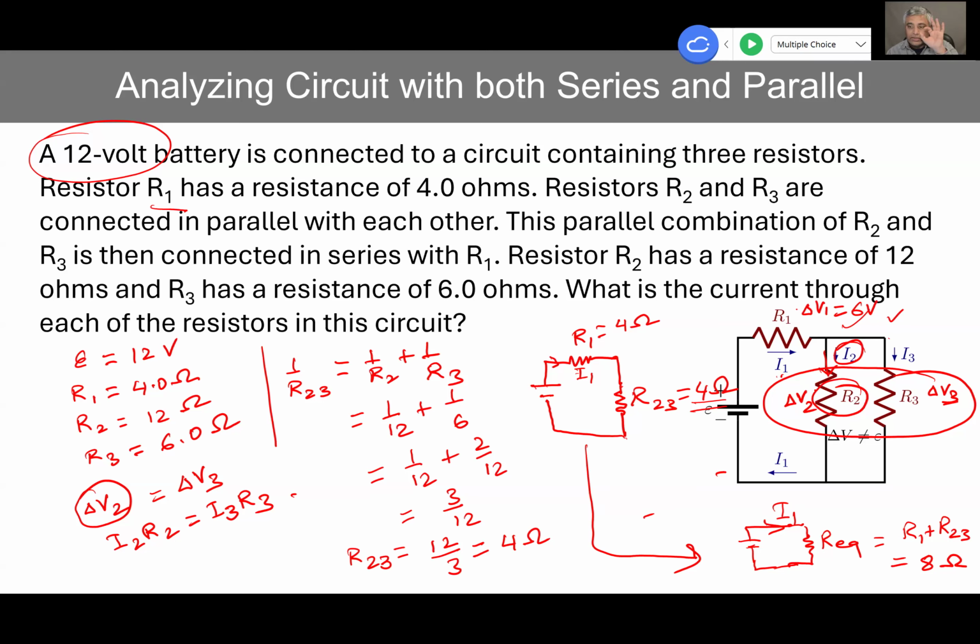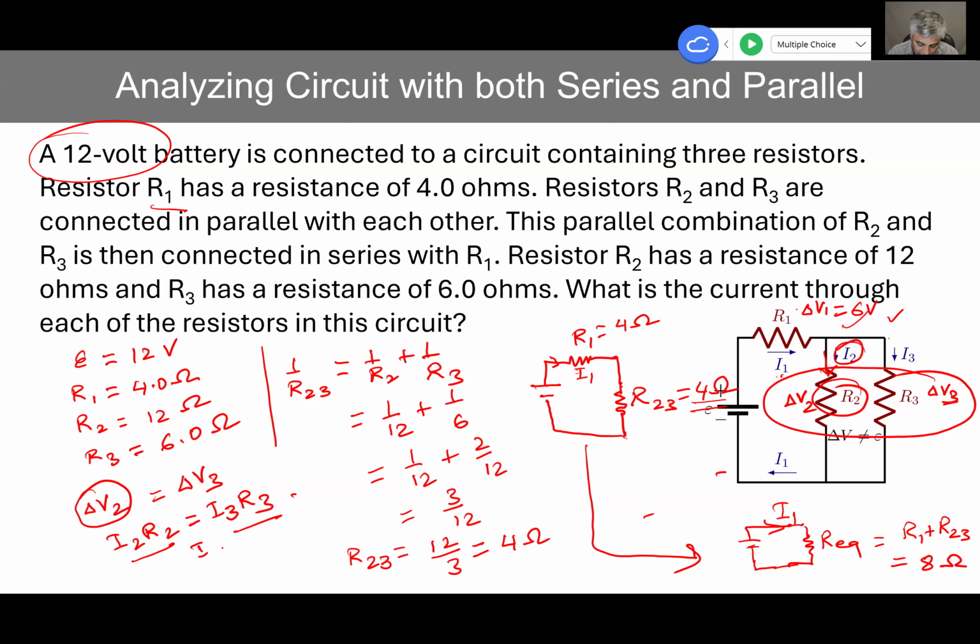Okay. So you can always use Ohm's law in one particular resistor, if you know the current, voltage, and resistance combination for that particular resistor. So that's what I'm doing here. So now we know the resistors, but we don't know the currents.